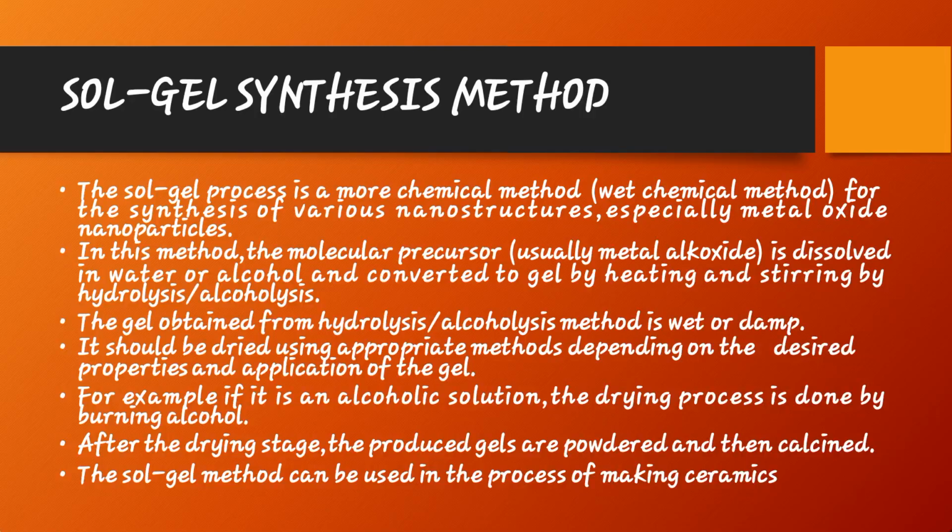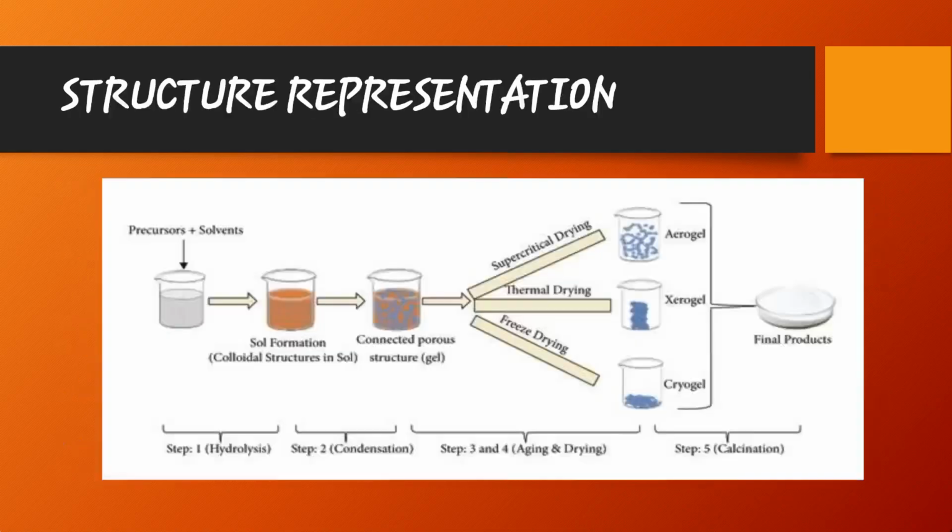The gel obtained from hydrolysis alcoholysis method is wet or damp. It should be dried using appropriate methods depending on the desired properties and application of the gel. For example, if it is an alcoholic solution, the drying process is done by burning alcohol. After the drying stage, the produced gels are powdered and then calcined. The sol gel method can be used in the process of making ceramics.